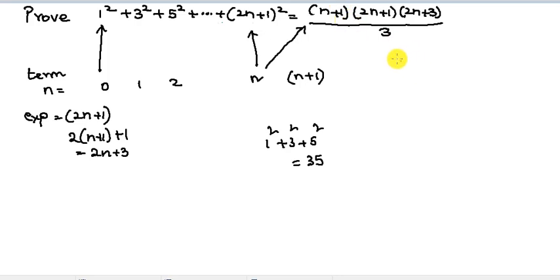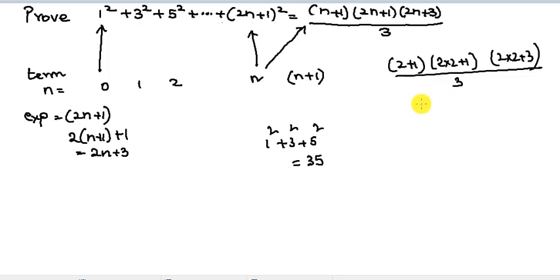So plug 2 here, right? n times 2n plus 1 times 2n plus 3 by 3 gives you 3 times 5 times 7 by 3 equal to 35. See that? It matches.